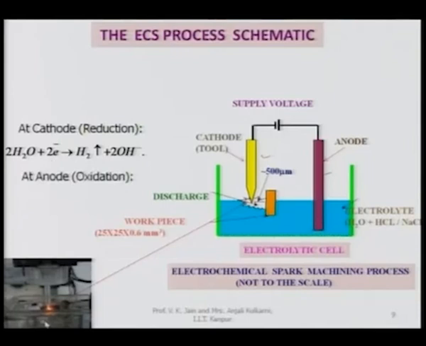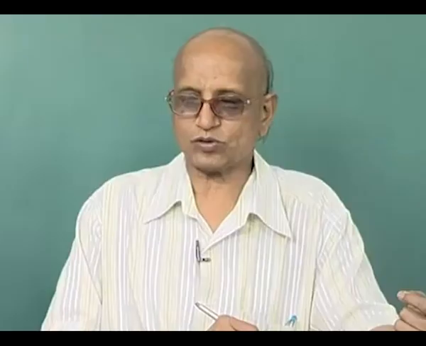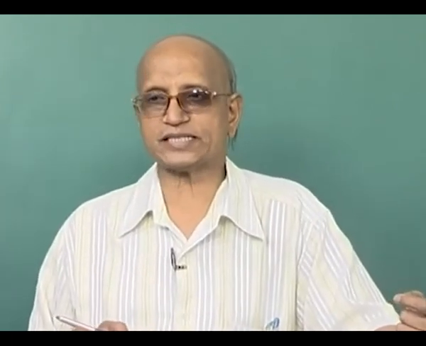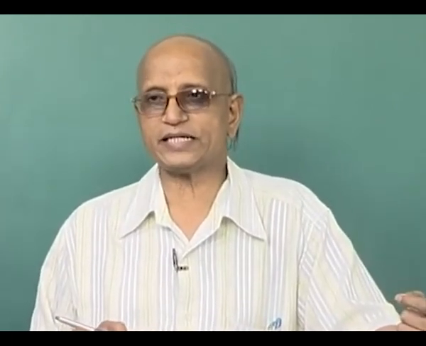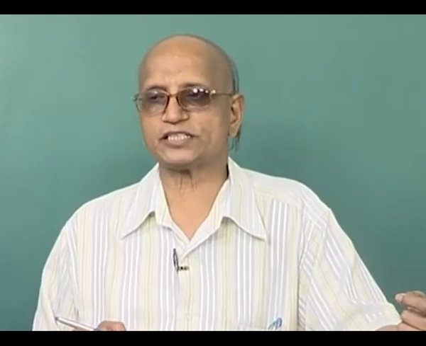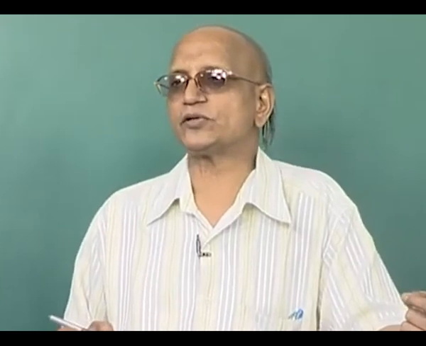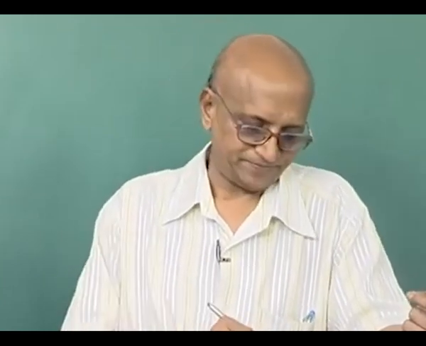At the anode, oxidation takes place and 4 OH minus form 2 H2O plus O2 plus 4 electrons. There can be further dissolution of the anode material, and we do not want dissolution of the anode. So, we use an anode material which does not dissolve in this configuration. Normally, the anode is made of graphite.